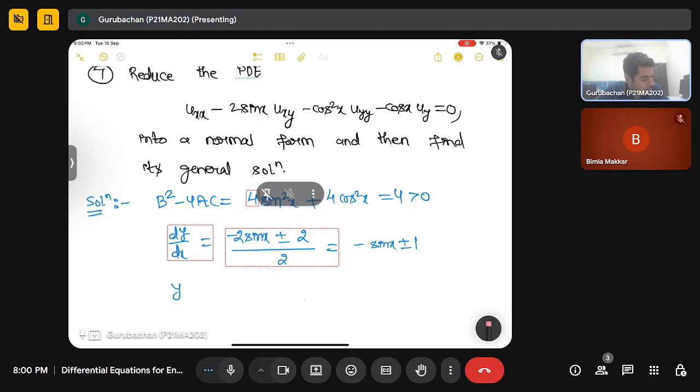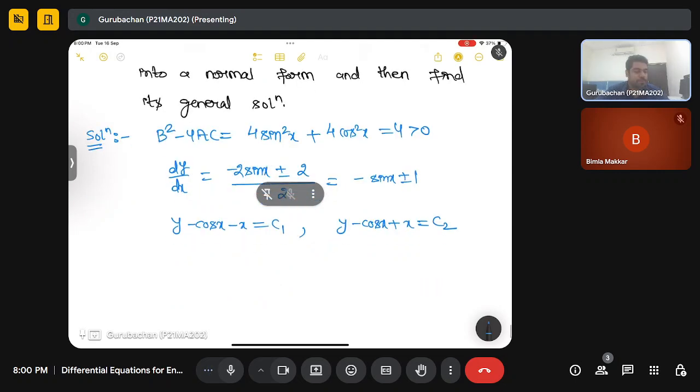So y minus cos x minus x is equal to some c1, y minus cos x plus x is equal to some c2.